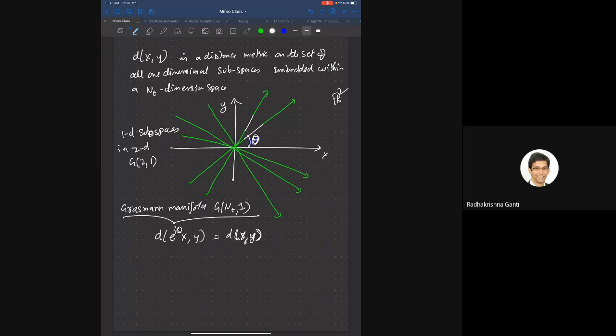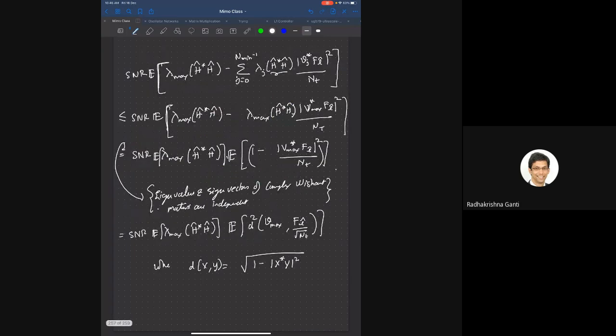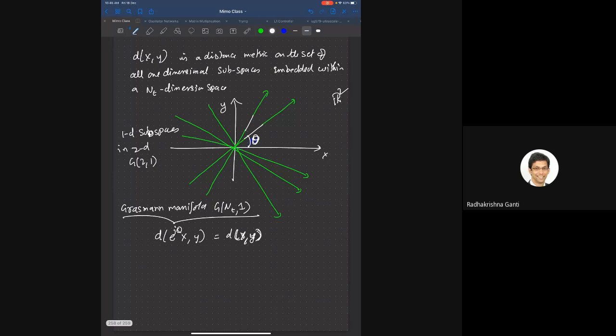So now, coming back to what we have obtained, you can also define one more term, d min of f. D min of f is nothing but the minimum over L comma L dash of the square root of 1 minus the pairwise term. So the minimum distance between any two subspaces in the Grassmannian manifold is this d min f.